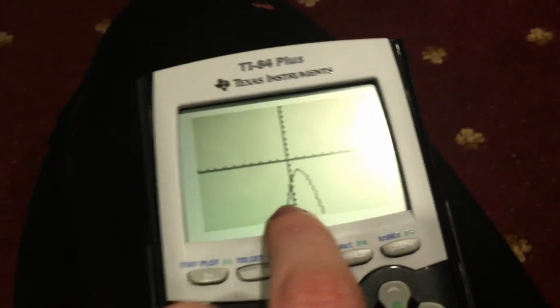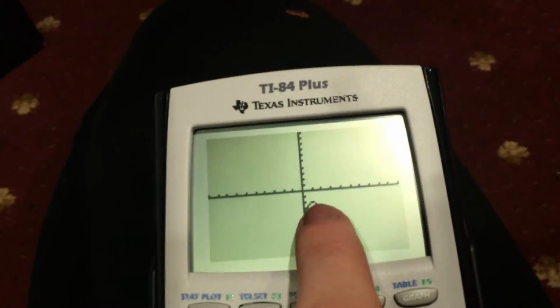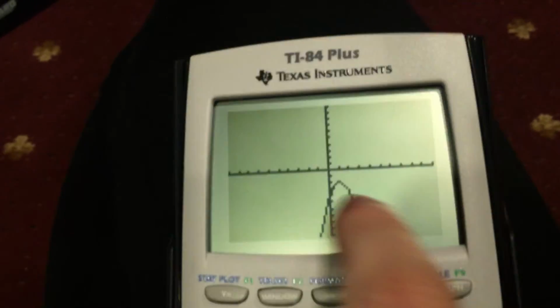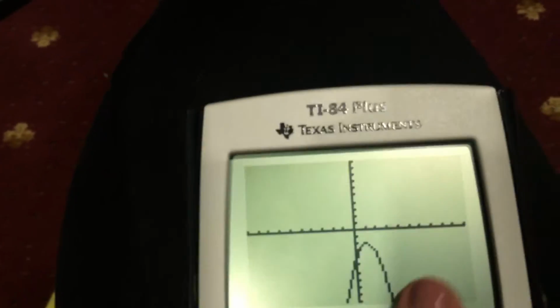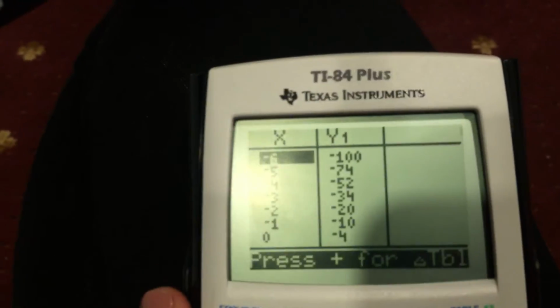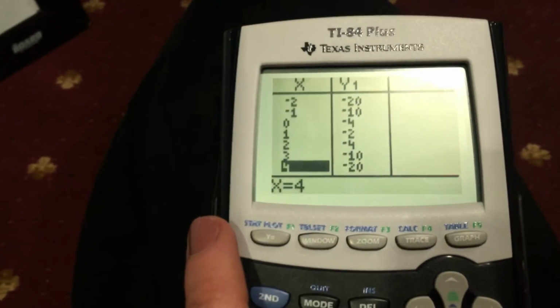I'm trying to find a good light. Oh, this is perfect. Look at this. This is a maximum right here. When it is upside down, it looks like a sad face. That is the top point, the highest y value we are ever going to have.